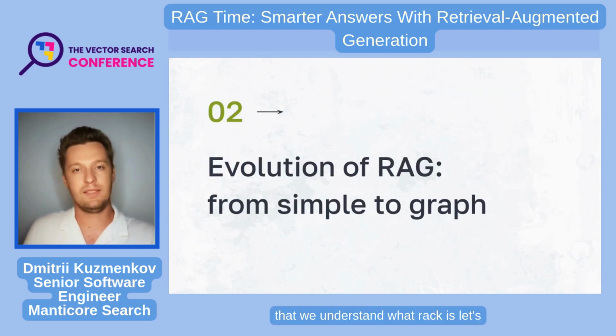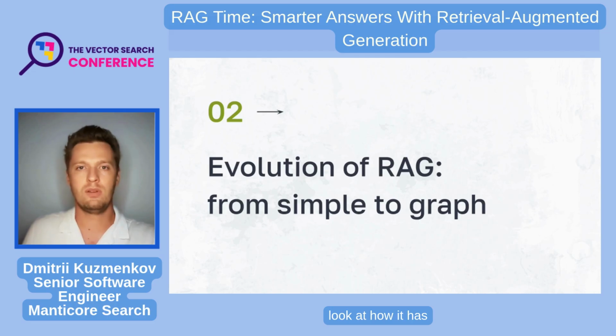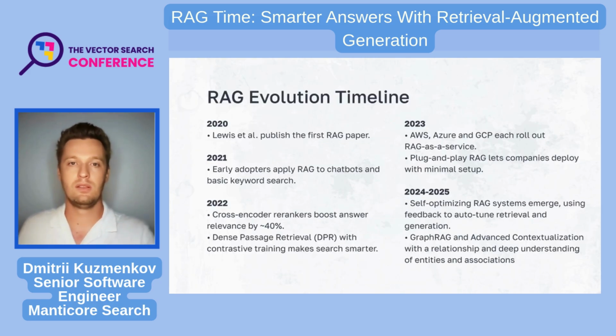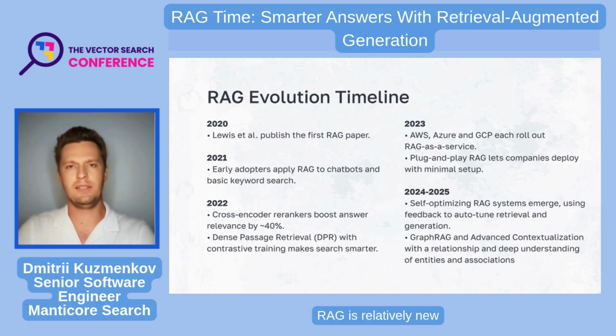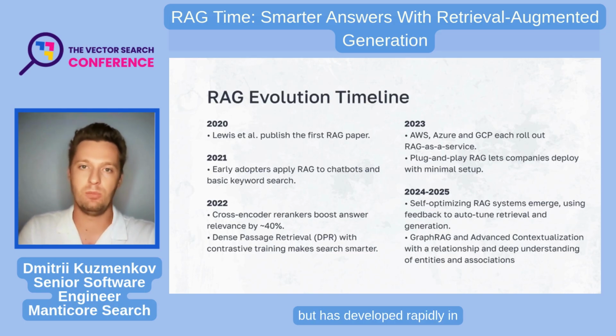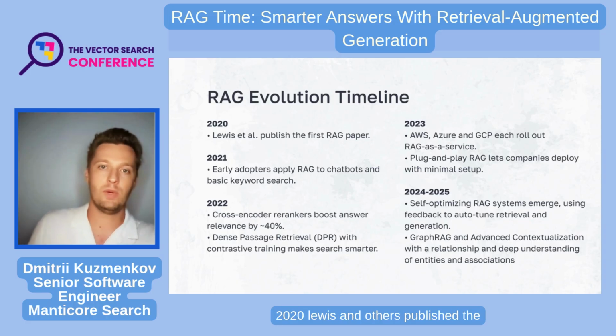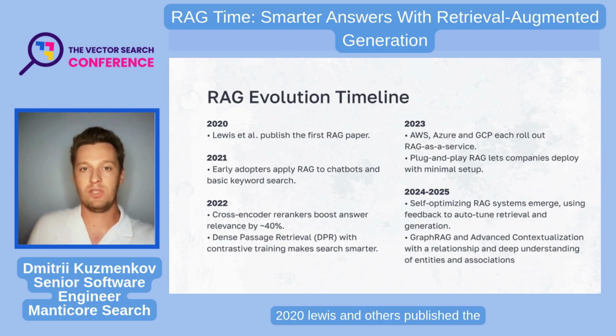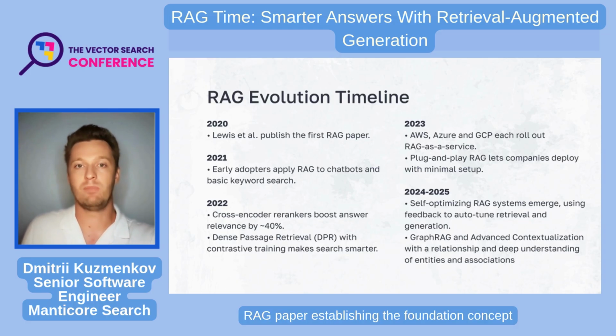Now that we understand what RAG is, let's look at how it has evolved over time. So, RAG is relatively new, but has developed rapidly. In 2020, Lewis and others published the first formal RAG paper establishing the foundational concept.